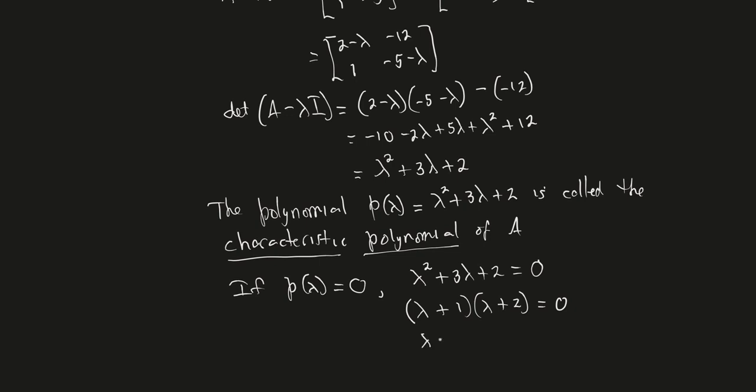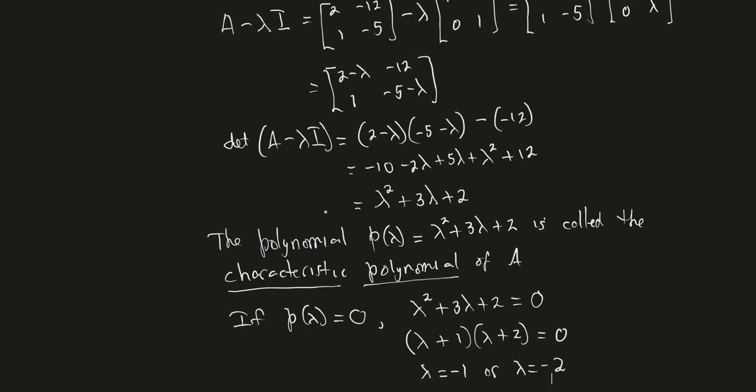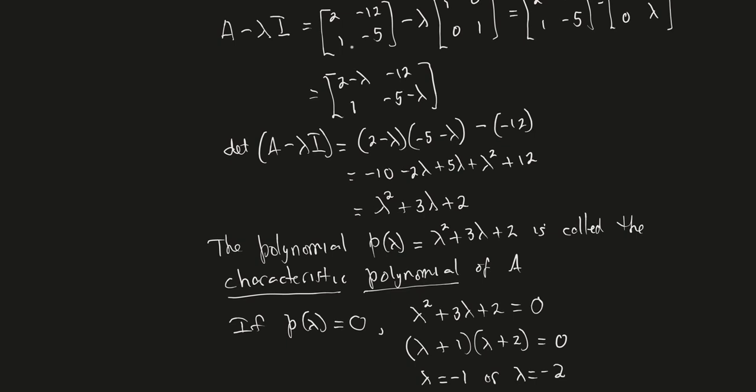So our lambda is either equal to -1 or our lambda is equal to -2, right? So for this particular matrix, 2, -12, 1, -5, these are the two special constants, either -1 or -2.